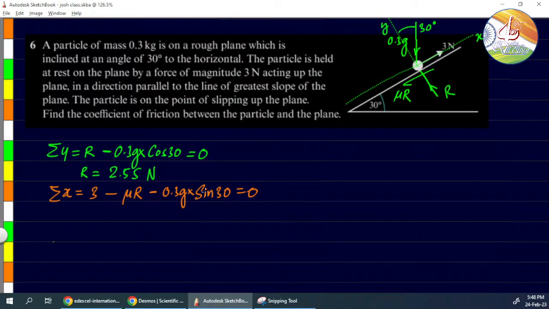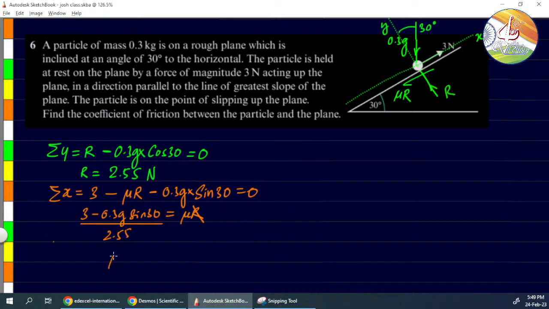Now sine 30 is half, and here mu is the only unknown. You can find it. So 3 minus 0.3 g into sine 30 will remain on the same side. Mu R, let's send it to the other side. So mu equals this total divided by R. R is 2.55.